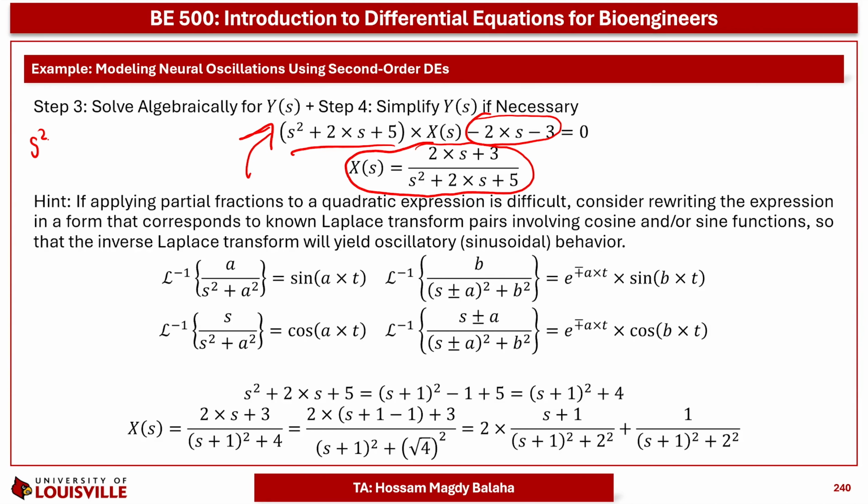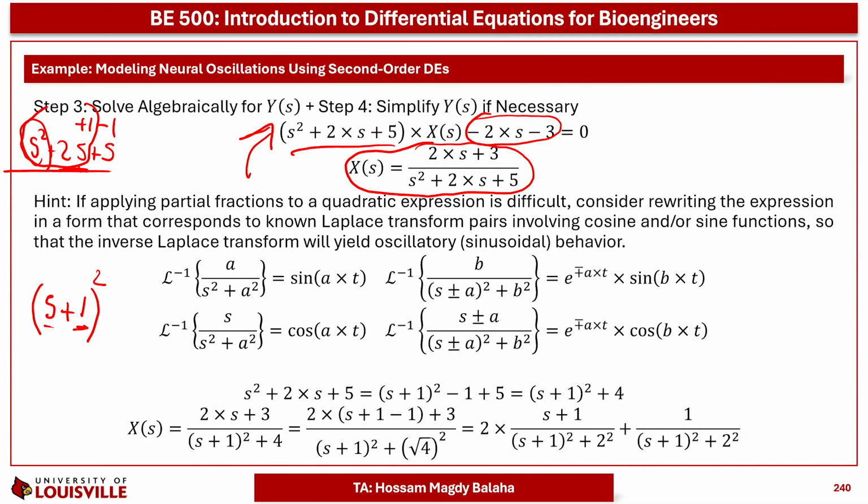Take s square plus 2s plus 5 and try to convert it. Simply, s square will be s, divide that 2 by 2, it will be 1, and ignore s, then power it. S square will be here, s multiplied by 1 multiplied by 2 will be 2s, and it should get another plus 1, because 1 to the power 2 will be 1. So to make it equal, add or subtract 1.